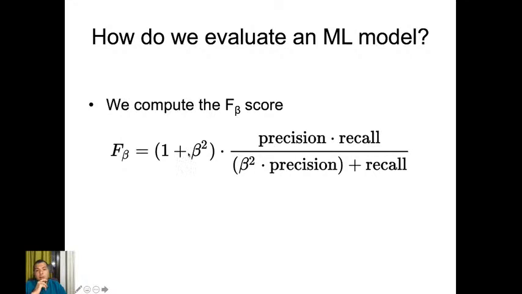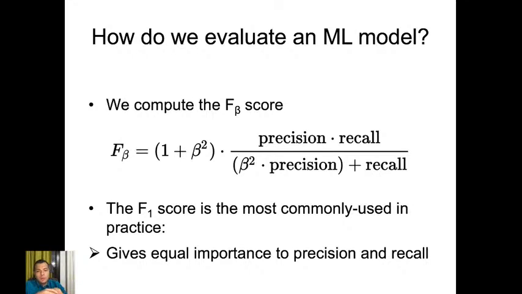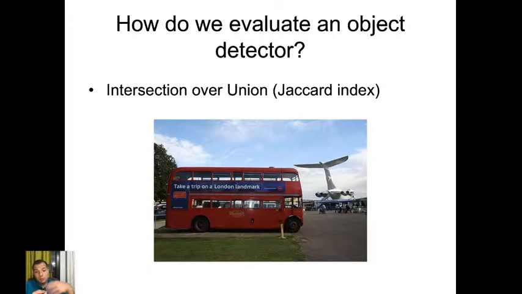If you replace beta with 1, this term gets eliminated, and here we have 2. So the F1 score is 2 times precision times recall divided by precision plus recall. This is the most commonly used in practice. It's just a single measure that combines both metrics, and you can directly compare the models.